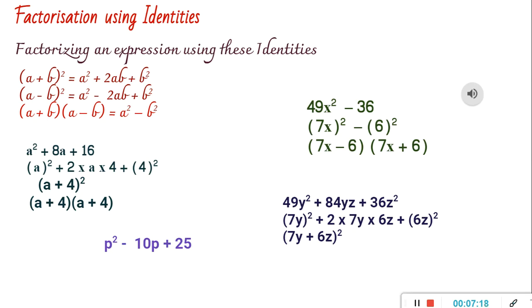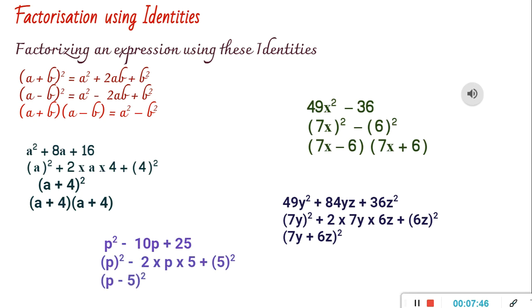So there is a possibility that it might be the standard identity of a minus b whole square, because p square is a perfect square of p, 25 is also a perfect square of 5, and 10p can be written as 2 into p into 5, that is 2ab. So this can be written as a minus b whole square, or p minus 5 whole square, right?